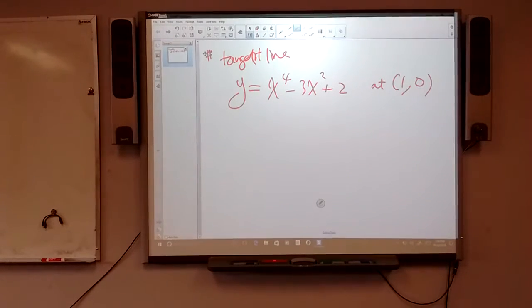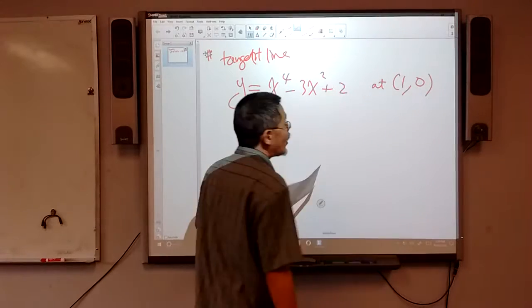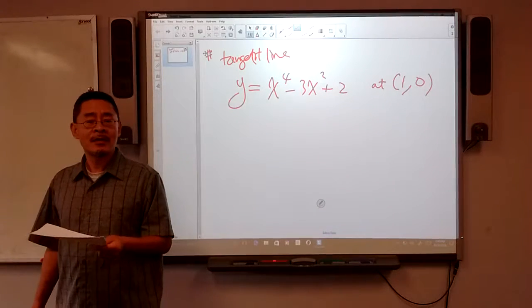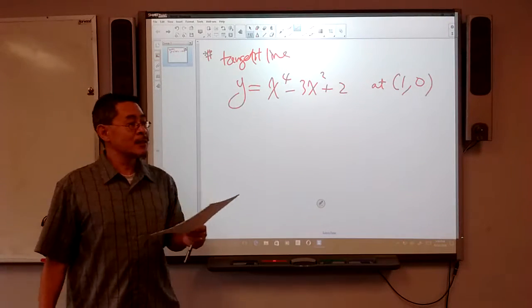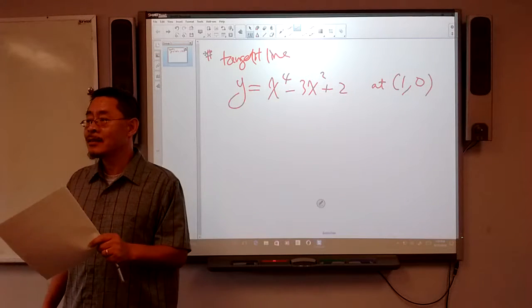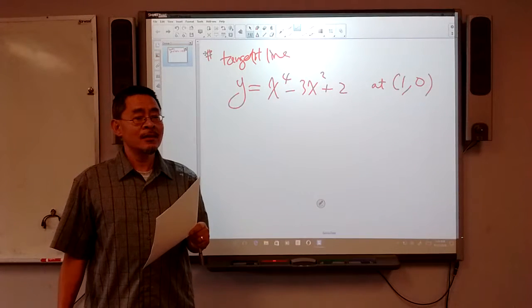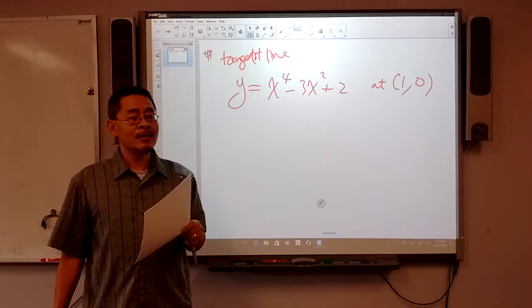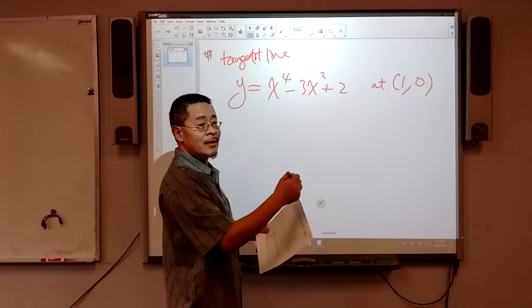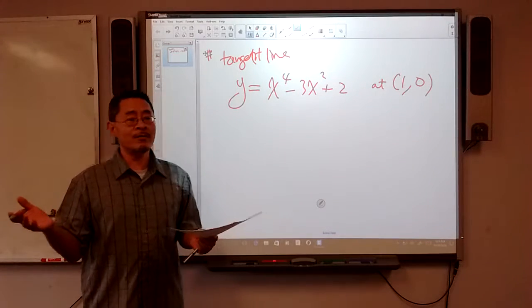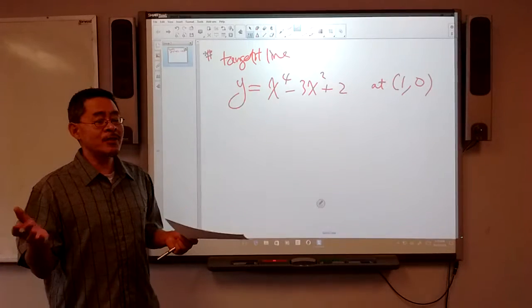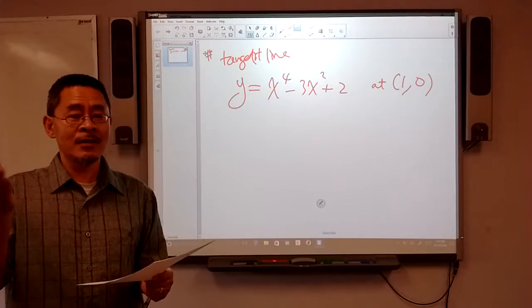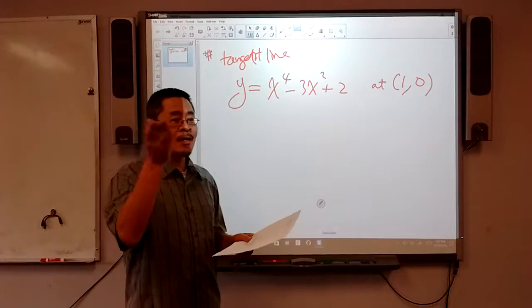Okay, what they are asking on this one. They want you to find an equation of the tangent line. So a tangent line is a line.